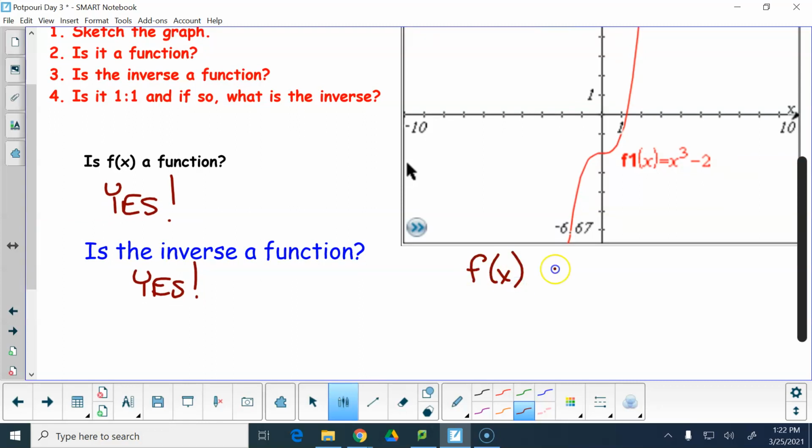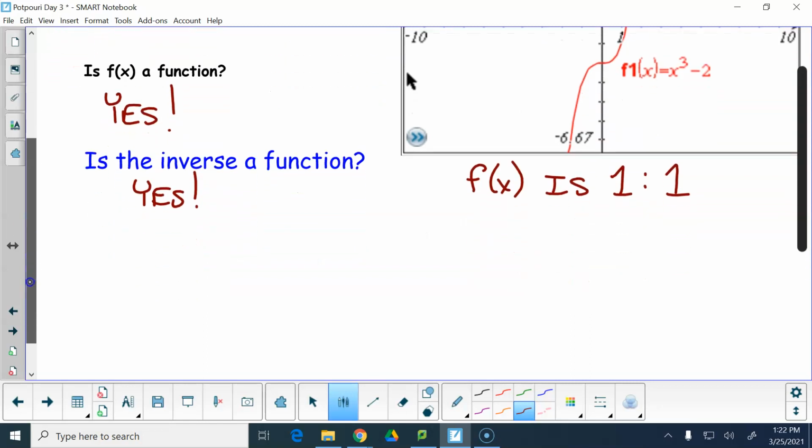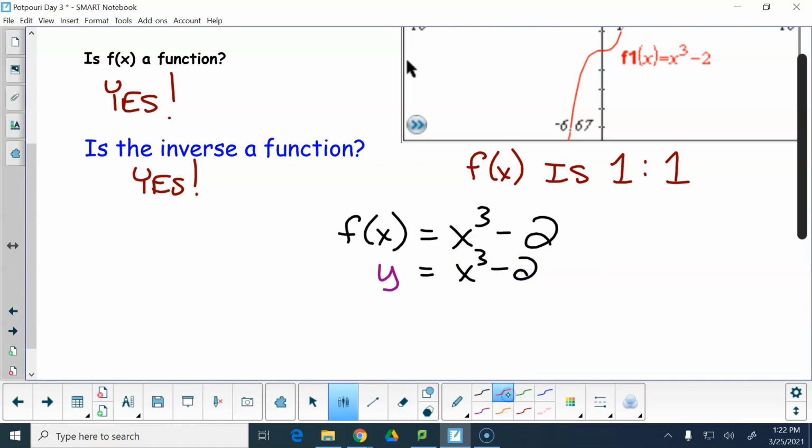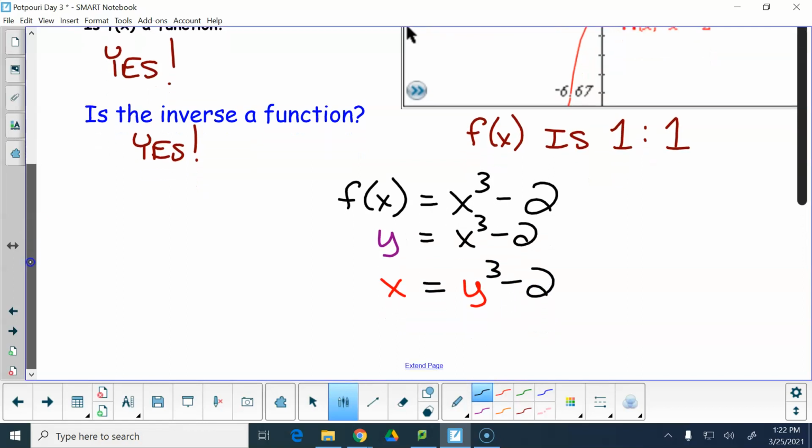Okay, how do we find the inverse? f of x is x cubed minus 2. First thing we do, y. Switch. How am I going to do that?